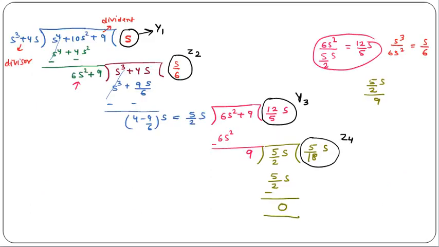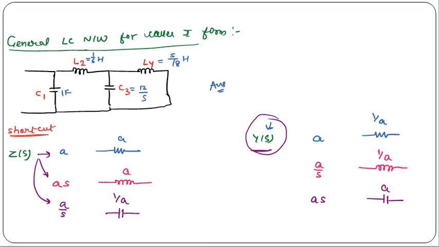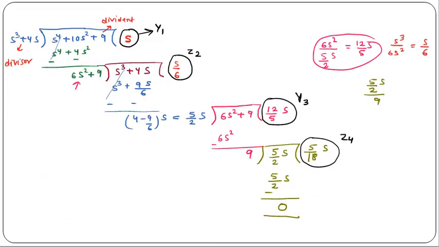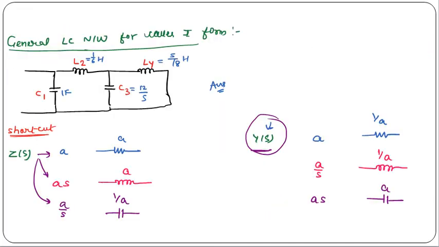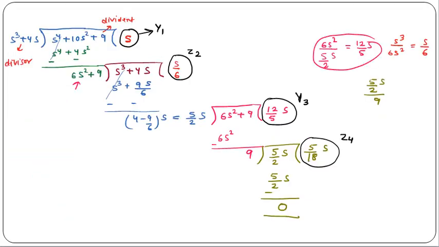Now in the next quotient we are getting s by 6. This is Z2, so we have to check in the impedance table. s by 6 matches with the second term, a into s, and the coefficient of s is a, which is 1 by 6, so we simply get an inductor in series. Now the third value we are getting is 12 by 5 of s, which is Y3, so we have to check in the admittance table.